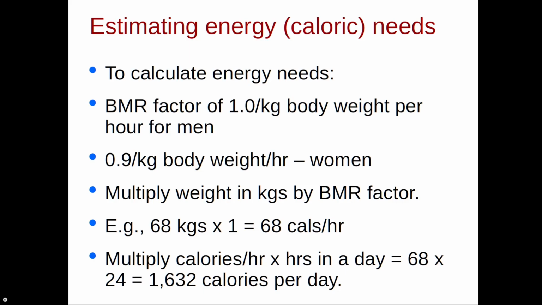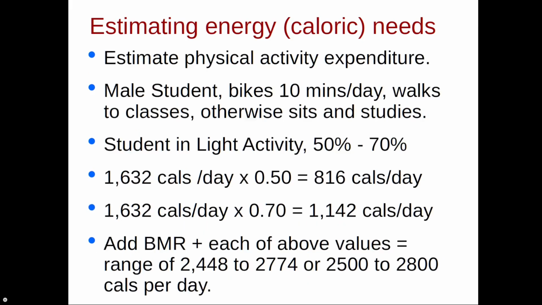Usually it's about 1,500, 1,600, 1,700 kilocalories per day, depending on body weight. And as a result, if you care about your healthy diet, you should intake not less than this amount of energy which is required for your vital organs' activity.